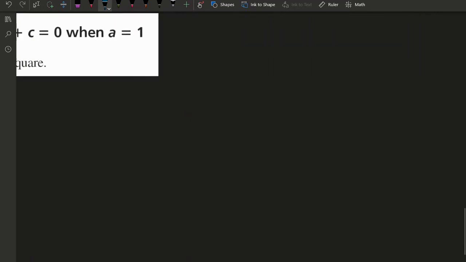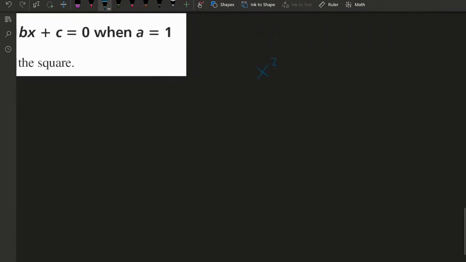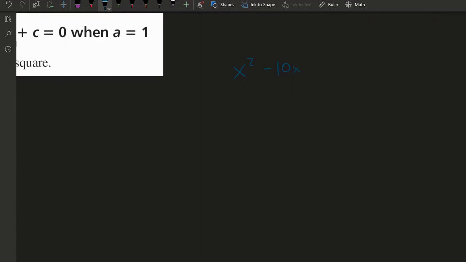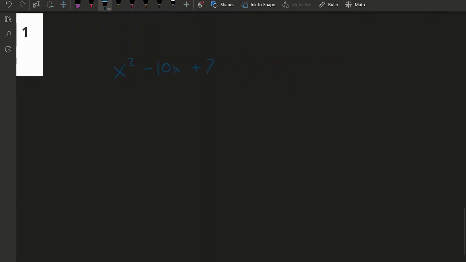I'm going to move off to the side right here. x squared minus 10x plus 7. That trinomial does not follow the same pattern that we were using earlier.